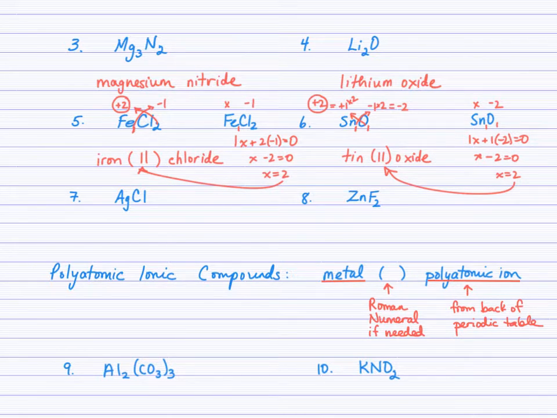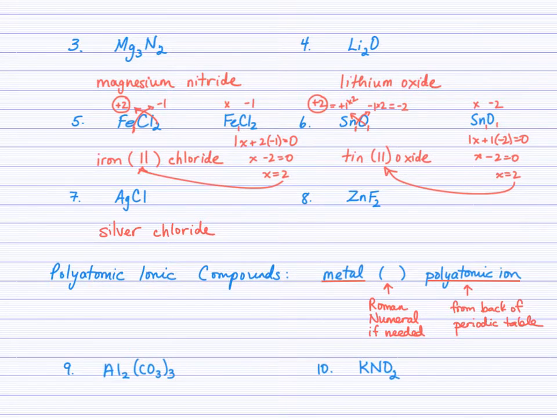Remember that silver and zinc are in the transition metals, but they do not have a Roman numeral in their names. And that's because silver is always positive 1. So it would be wrong to write silver 1 chloride. All we need to write is silver chloride. And that's because silver is always a positive 1 ion in an ionic compound.